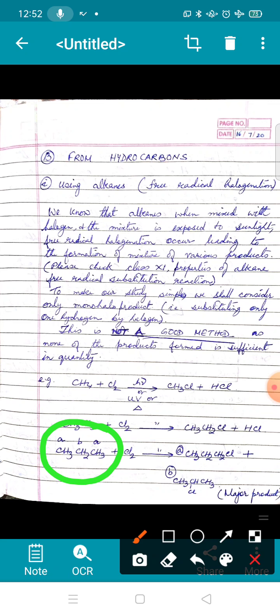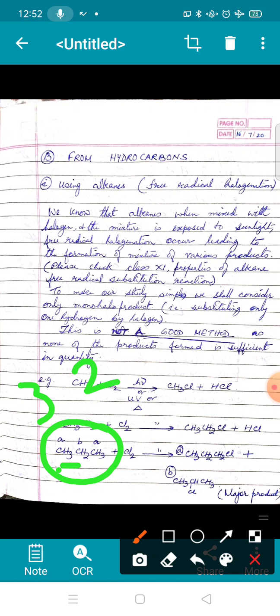You look at the first carbon labeled as A. How many hydrogens are associated with it? There are 3 hydrogens attached to it. So remember the number 3. In its neighborhood, how many hydrogens are there? 2. So remember the number 2. So I have labeled this carbon as A type because it has own hydrogen 3 and neighboring hydrogen 2.